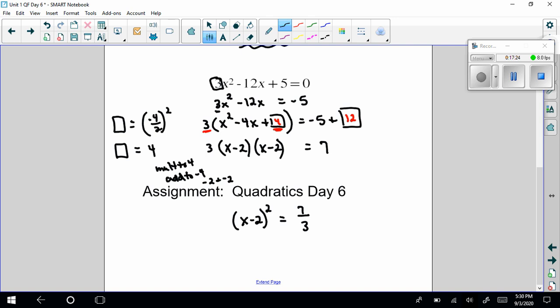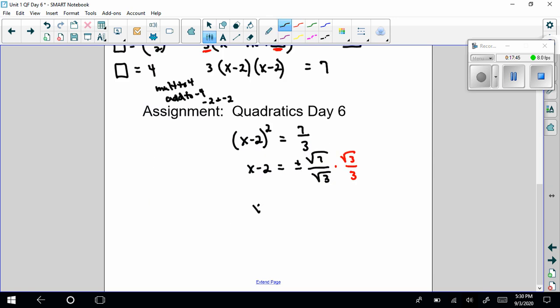I'm going to take the square root of that. So x minus 2 equals plus or minus, and I'm going to go ahead and do the square root of 7 over the square root of 3. I need to rationalize that, so multiply by radical 3 over radical 3.